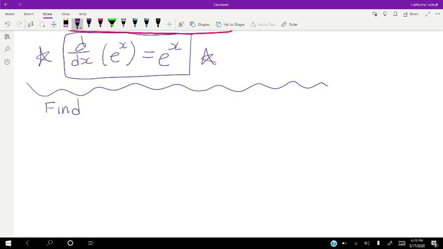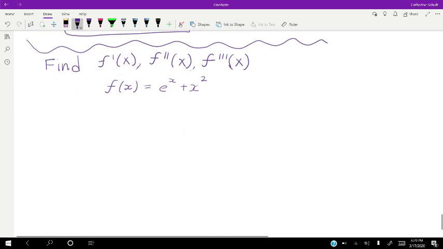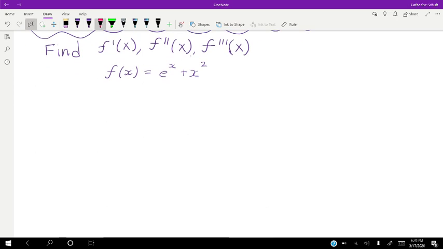We're going to find the first derivative, the second derivative, and the third derivative for the function f of x equal to e to the x plus x squared. Okay, it's a sum of functions, so we can just take the derivative of each term.